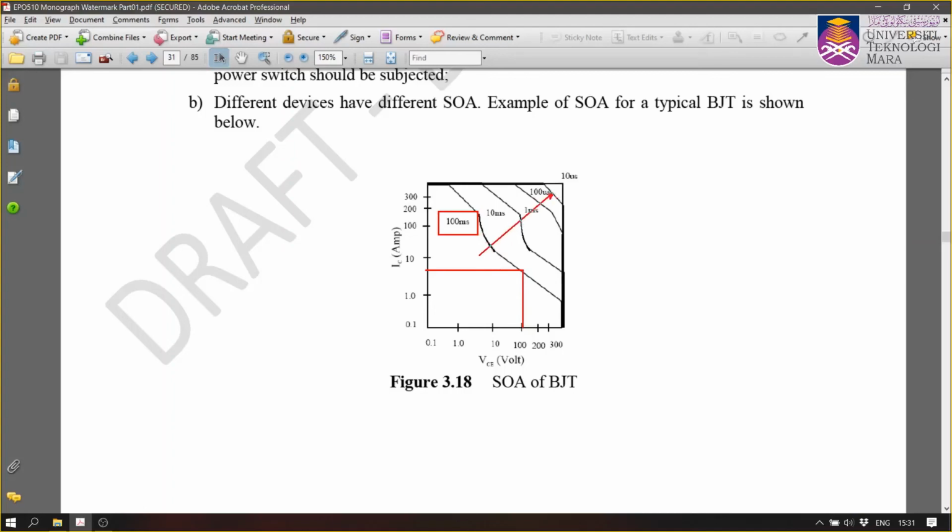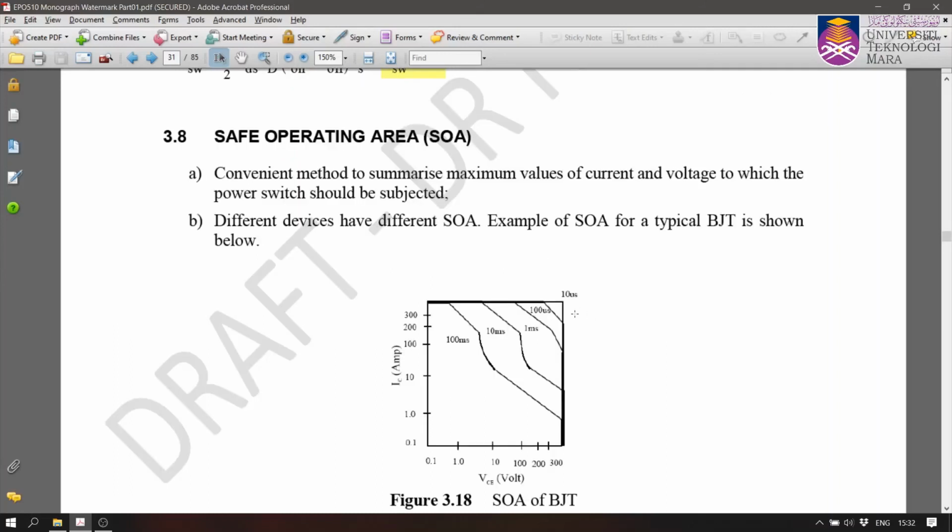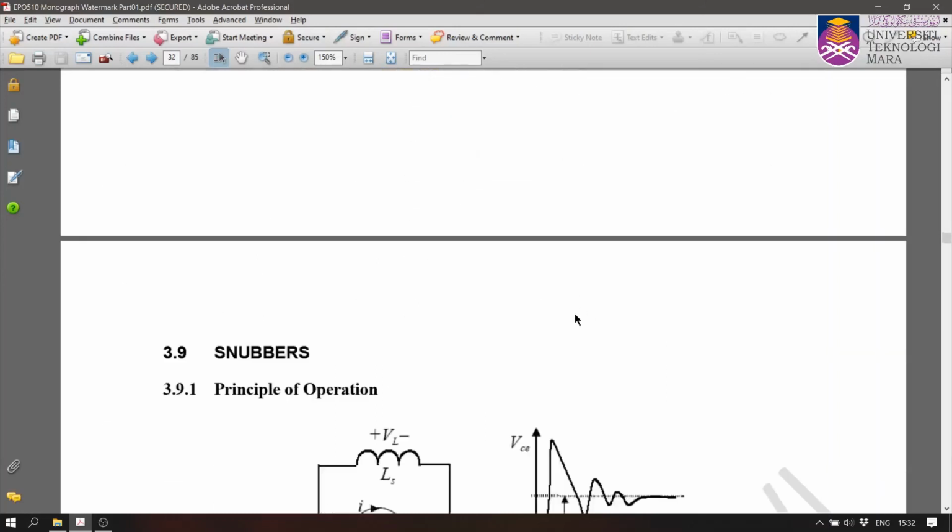If you increase the frequency, then you can see that different devices have different ratings, for example a typical IGBT. So it depends on the operating frequency, the voltage, and the device. Then you can see that in different applications, different current and voltage are applied. So this is known as the safe operating area.